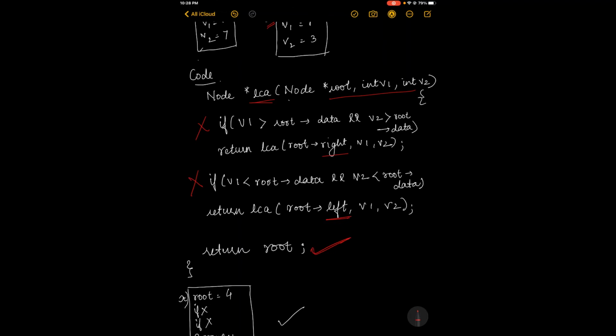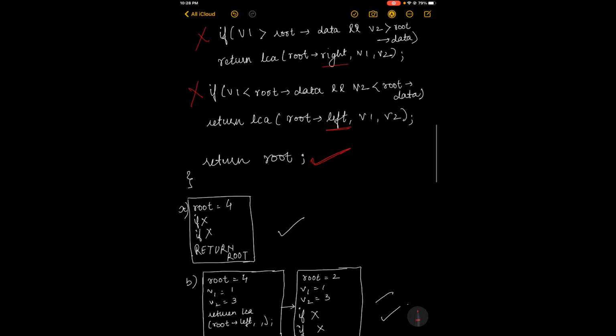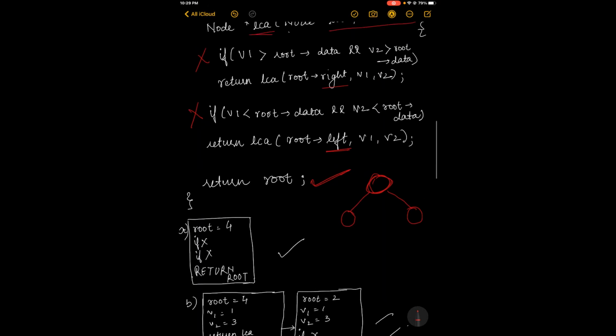So in that case, we can say that one child is on the left and the other is on the right, because it's not satisfying any of the if conditions. So in that case, we will simply return this root, as you can see.